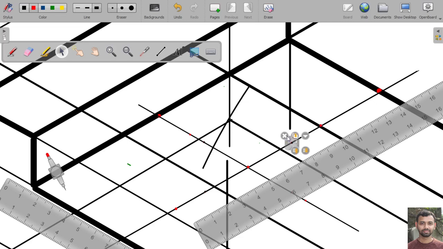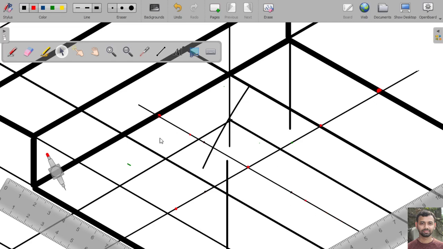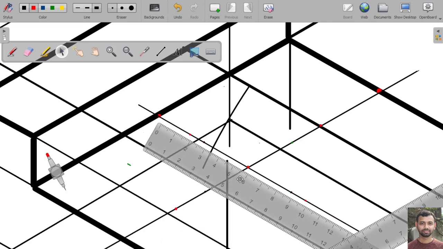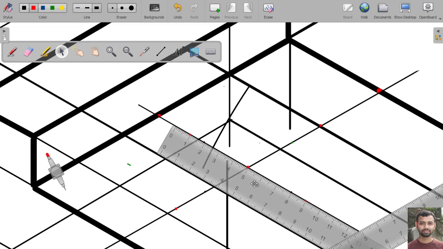Now on this axis, on this center line, from this center point up to this point it is 50 mm, and up to this point it is 50 mm.